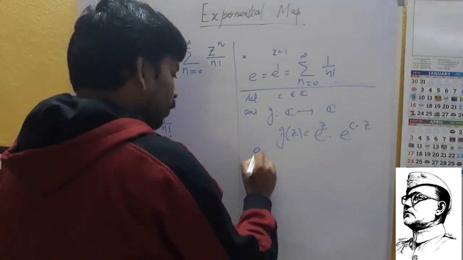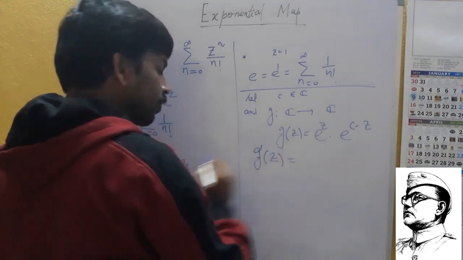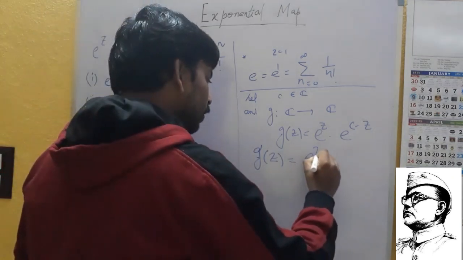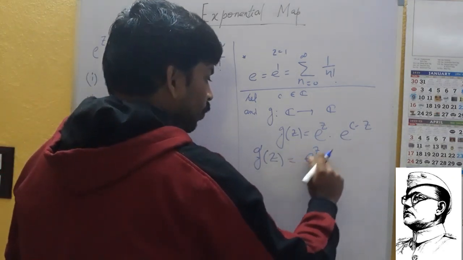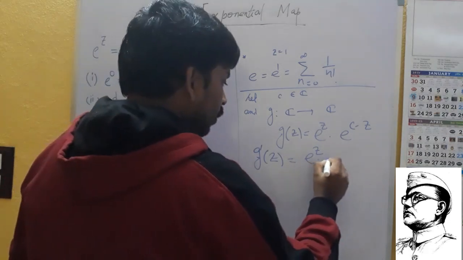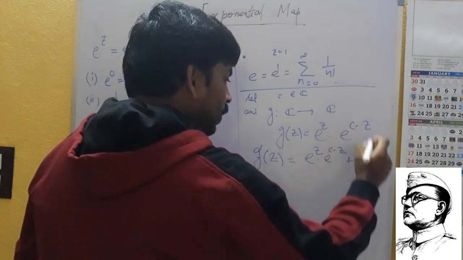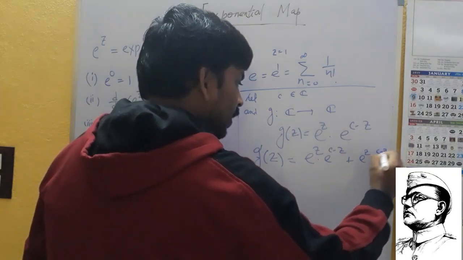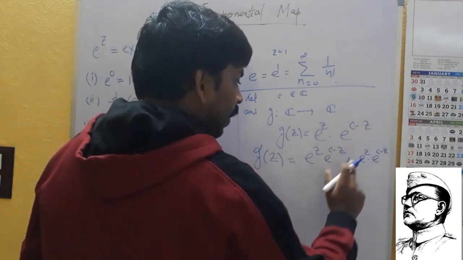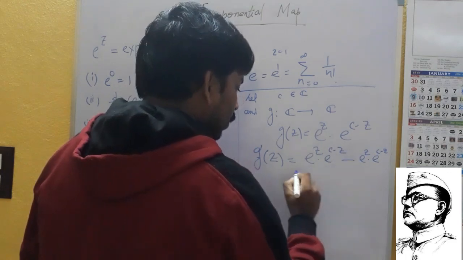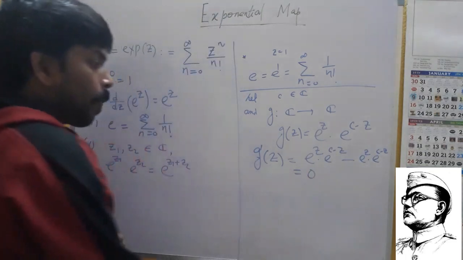What is the derivative of this function? The derivative of exponential z is exponential z, and then the derivative of e to the power c minus z is minus e to the power c minus z, so the derivative is 0, right?